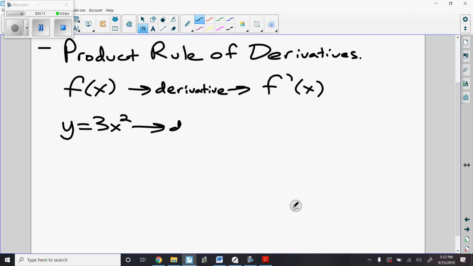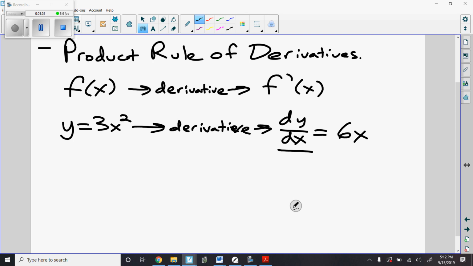If we do the derivative, our notation is dy dx equals 6x. So we use dy dx as well. You remember from your calculators that when you do your derivatives through the graphs on your calculators, the button was dy dx. So it's the same thing, it's just a different notation for that derivative.